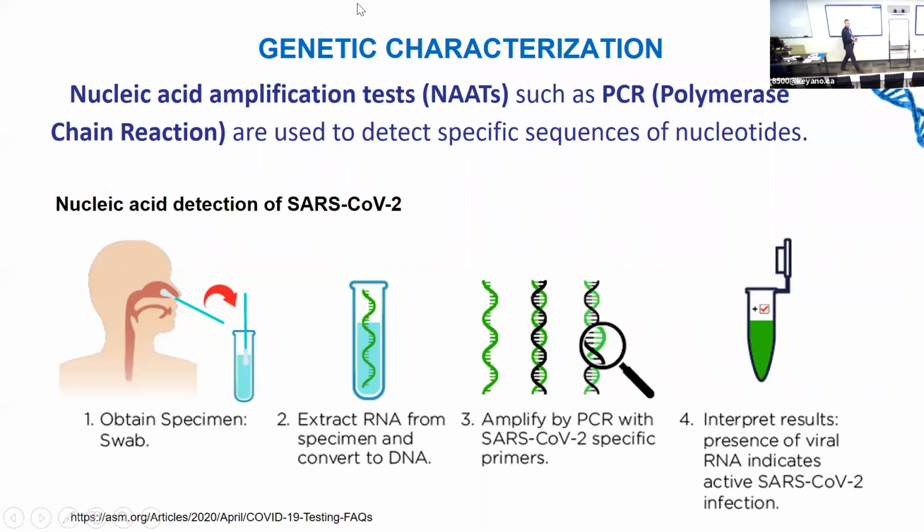Okay, so the last part of testing I want to talk about is the genetic characterization. These things used to be so simple, but they've been going by so many names nowadays, so talking about what they are is getting extra complicated. But two of the main names that I'm seeing out there are PCR.